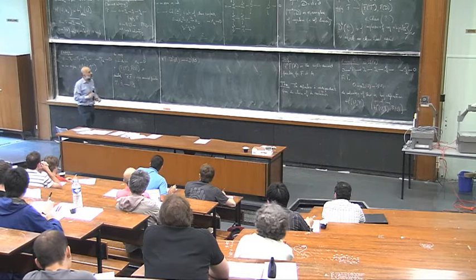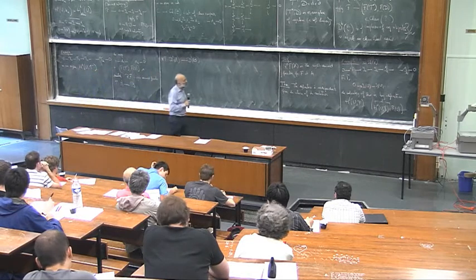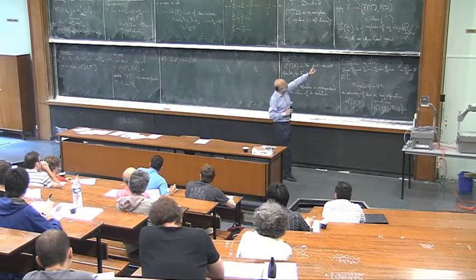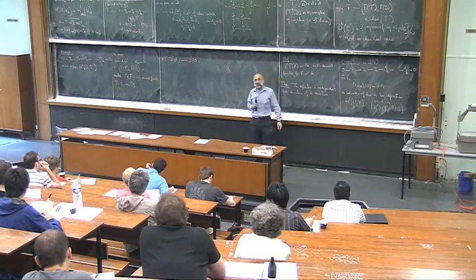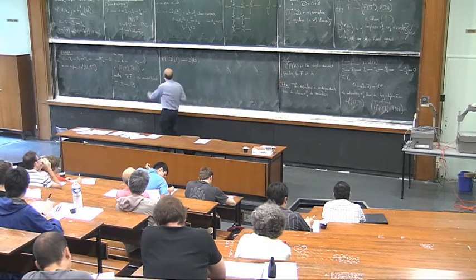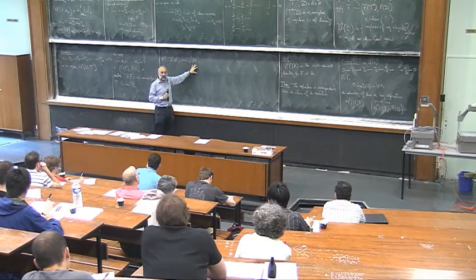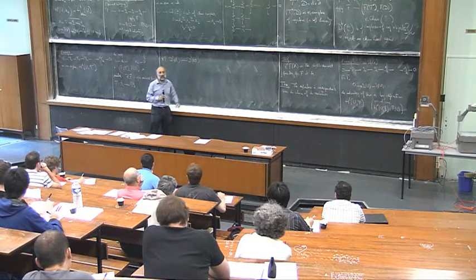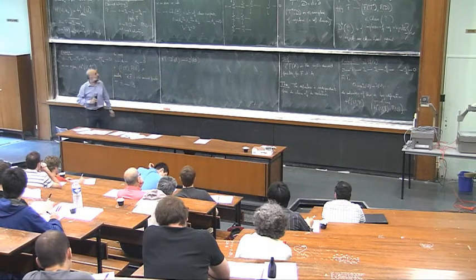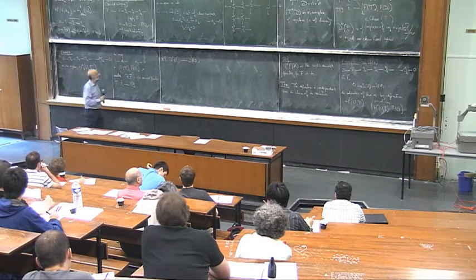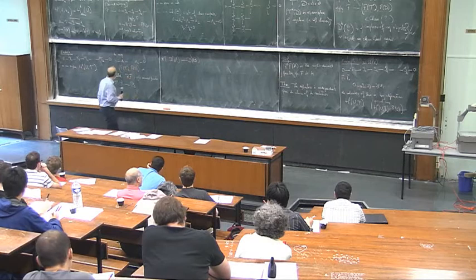Derived categories are essentially complexes of injective objects modulo this equivalence relation. So this map means you take an injective complex here, you apply F, and you get a sequence here. And I should have said, yeah, okay.